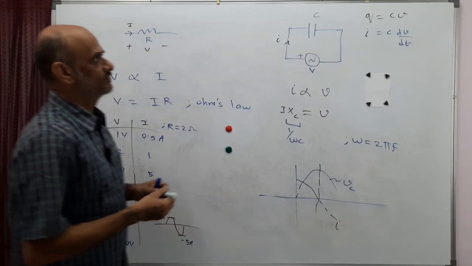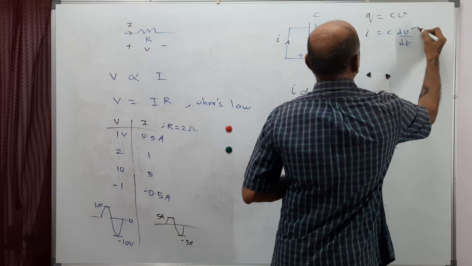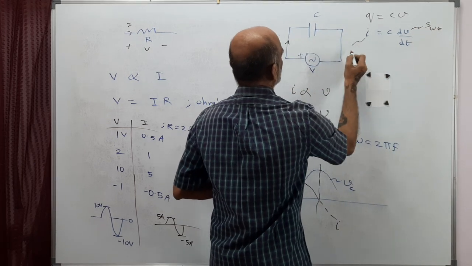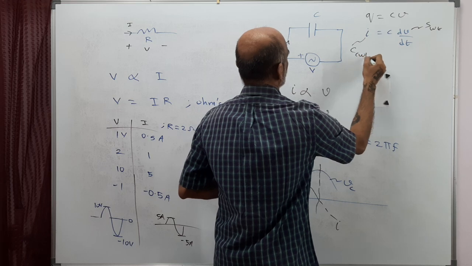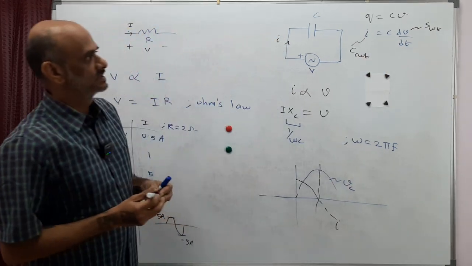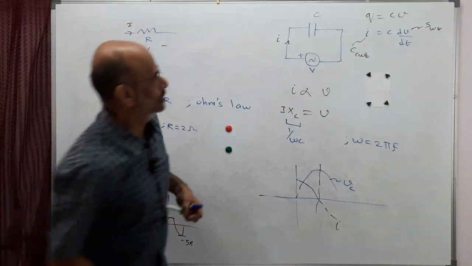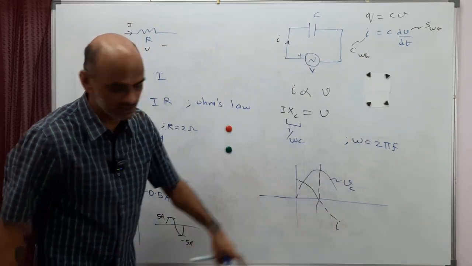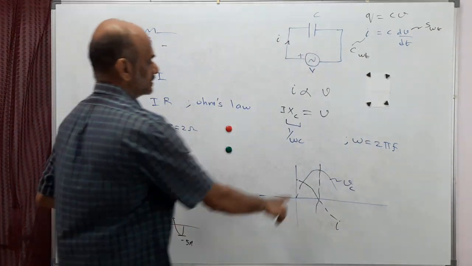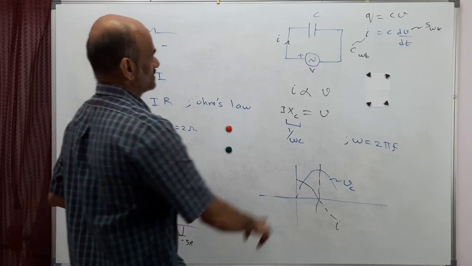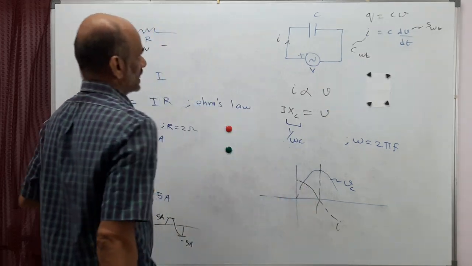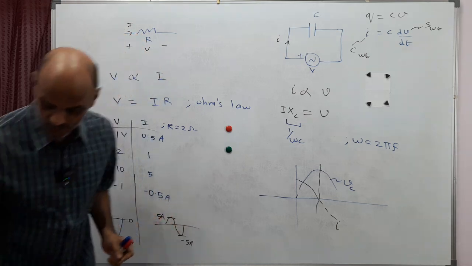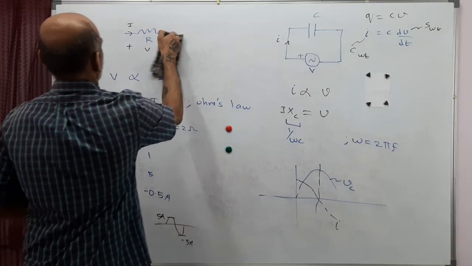So if, for example, V varies as sine omega t, then I will vary as cos omega t, because the derivative of sine is cos. So here I is varying as cos and voltage as sine. So from this we can figure out that current will lead the voltage in a capacitor. This is for a sinusoidal voltage.